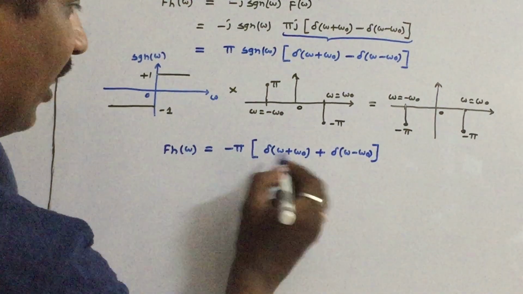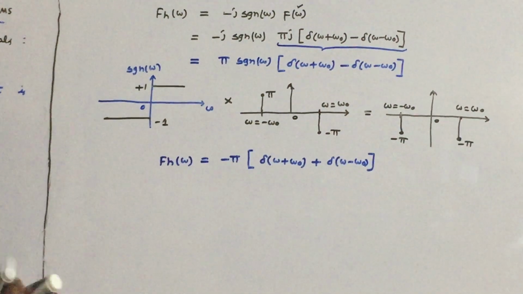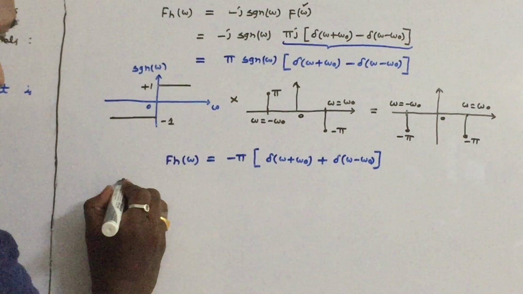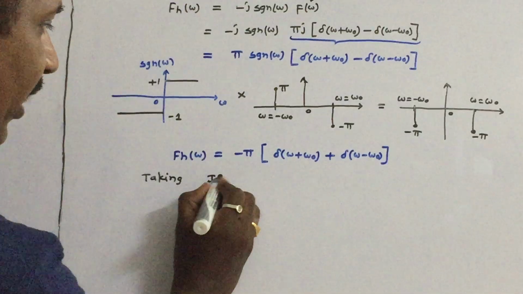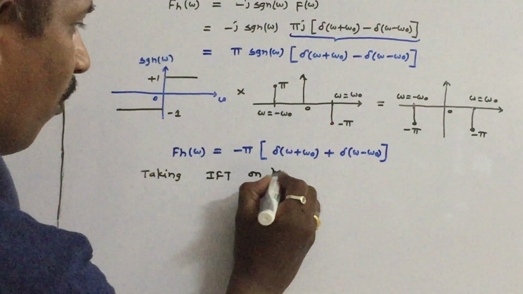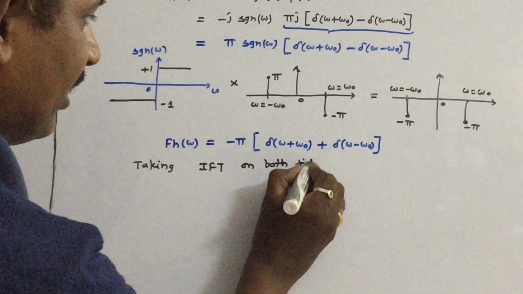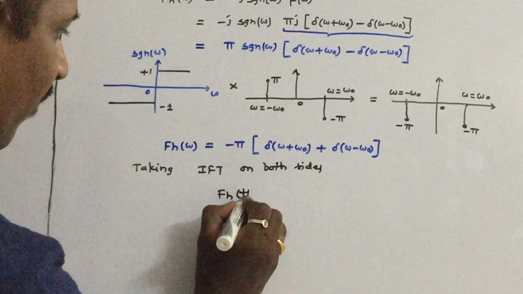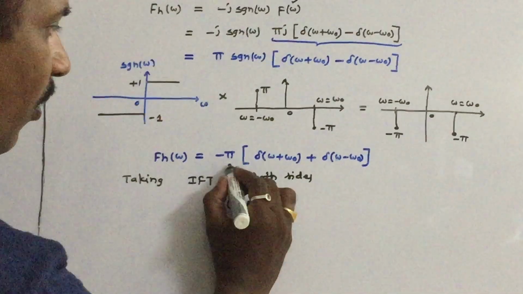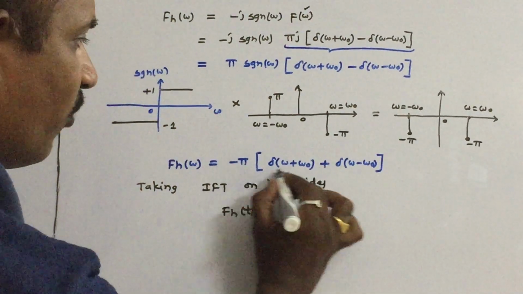As you know, if we take the inverse Fourier transform on both sides, this is represented as f_h of t. What is the inverse Fourier transform of this?